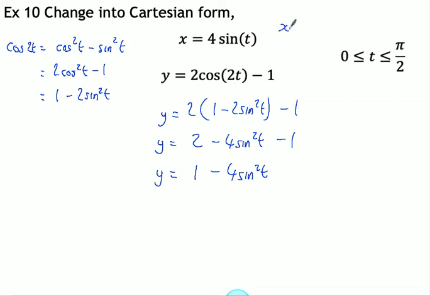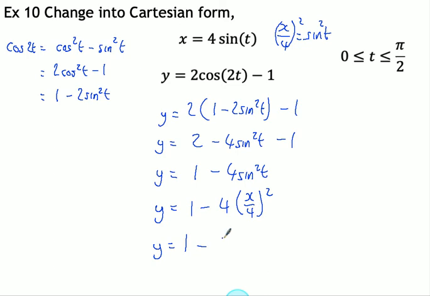I can rewrite this as x over 4 equals sine t. Square both sides and then substitute it in. And I could tidy this up again here. So that becomes x squared over 4. And there we have it, guys.